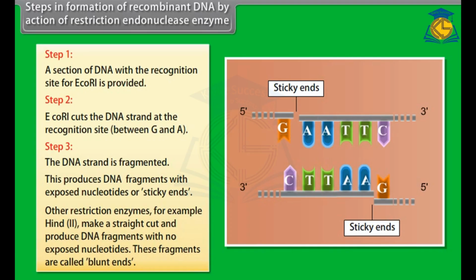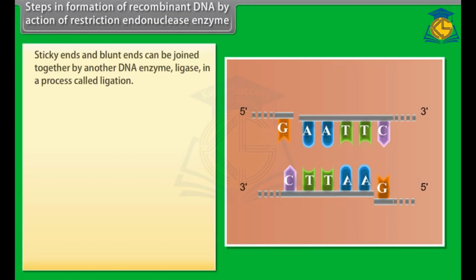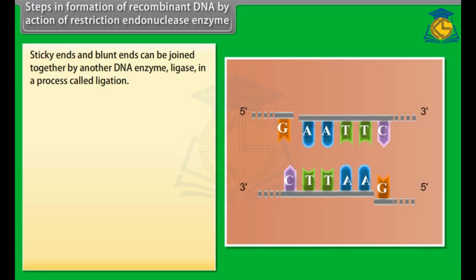Other restriction enzymes, for example Hind2, make a straight cut and produce DNA fragments with no exposed nucleotides. These fragments are called blunt ends. Sticky ends and blunt ends can be joined together by another DNA enzyme, ligase, in a process called ligation.